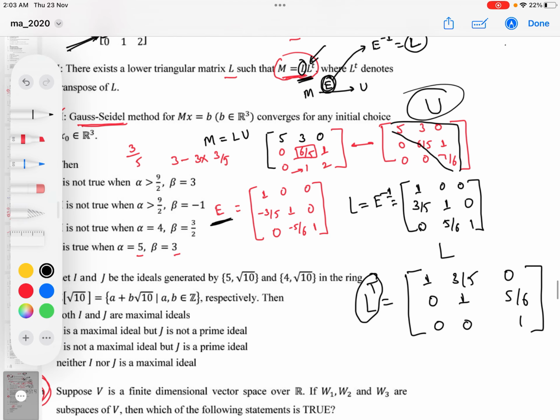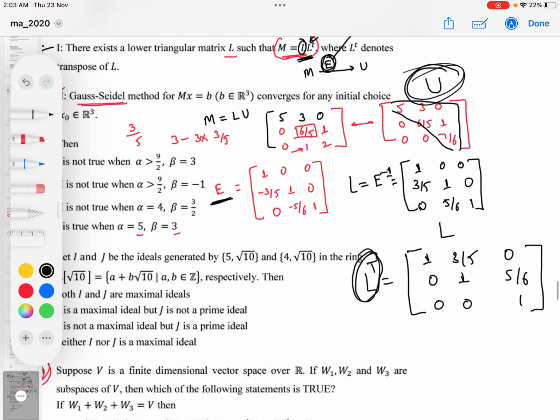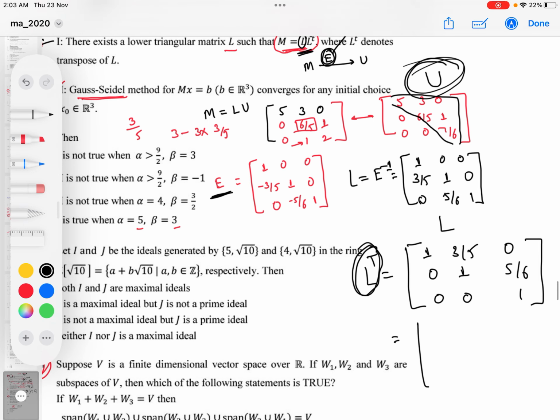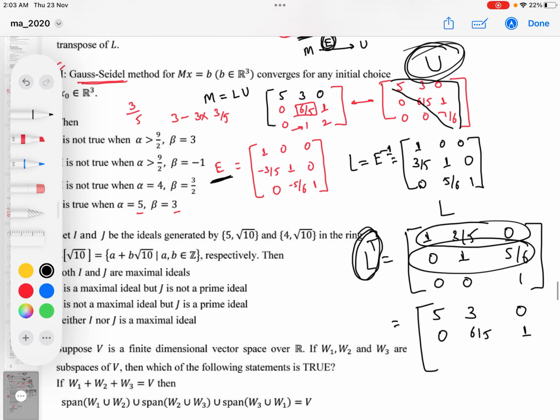Now you see that U and L transpose are not looking the same. So what you can do is, in row 1 you can multiply with 5, so it will be 5 3 0. In row 2 you can multiply with 6 by 5, so it will be 0 6 by 5, and here it will be 1, and in row 3 you can multiply by 7 by 6, so 0 0, and here it will be 7 by 6.